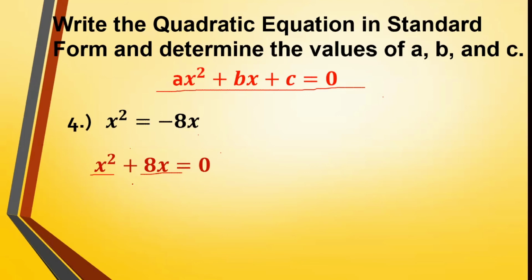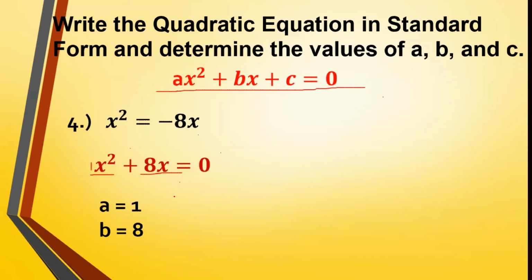Sige, dali. What is the value of A here in the equation? 1. Okay, 1. Very good. Understood that the coefficient of x squared is 1. So, hindi na po nilalagay kasi 1 na lang. So, A is 1. How about the value of B? Tama po, positive 8. So, how about the value of C? Undefined.